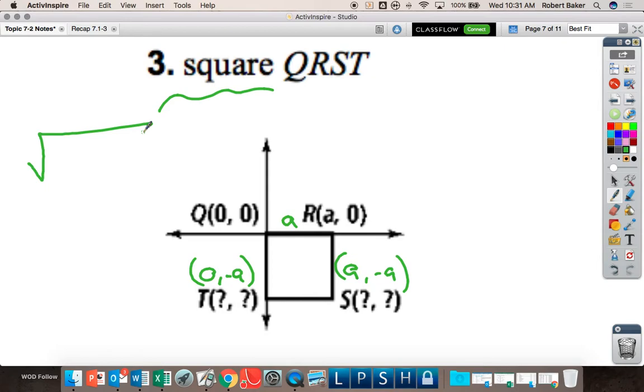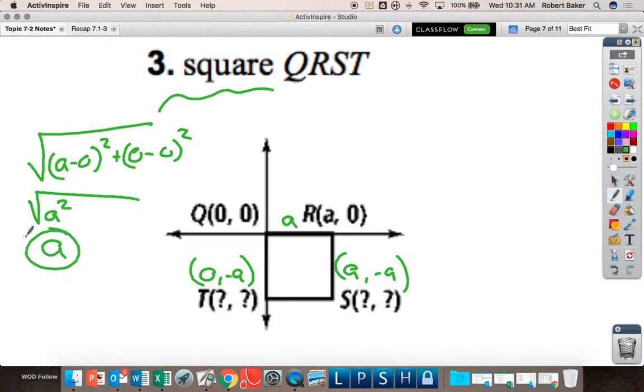So I get x2 minus x1 plus y2 minus y1. a minus 0 is a, 0 minus 0 is 0 squared. What is the square root of a squared? It's a long.